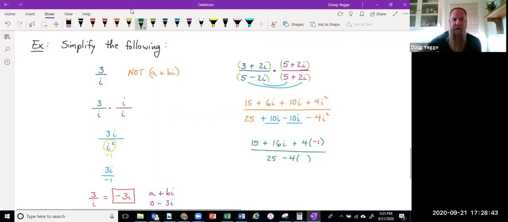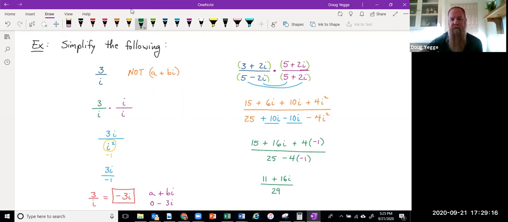But again, i squared is -1. So we're pretty close to being finished here, because all we've got to do now is simplify by adding 15 minus 4, which is 11. And now I get a different complex number in the numerator, 11 plus 16i. While in the denominator, I get 25 plus 4, which is 29.